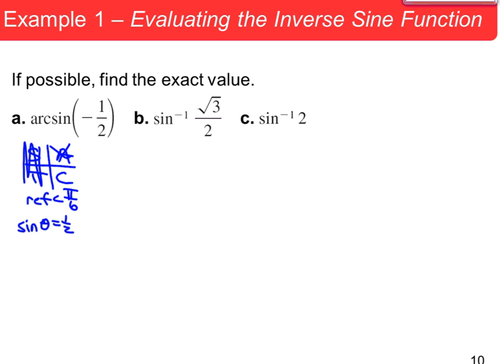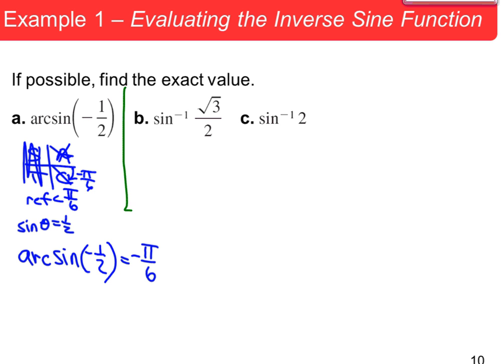Since it's down in this quadrant, I have to go down, so it's going to be -pi over 6. So my answer is that the arc sine of -1/2 is equal to -pi over 6. So I decide whether it's positive or negative based on the quadrants I'm looking at, and then I go from there.